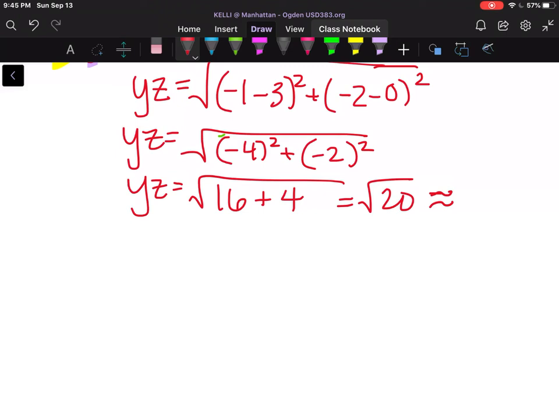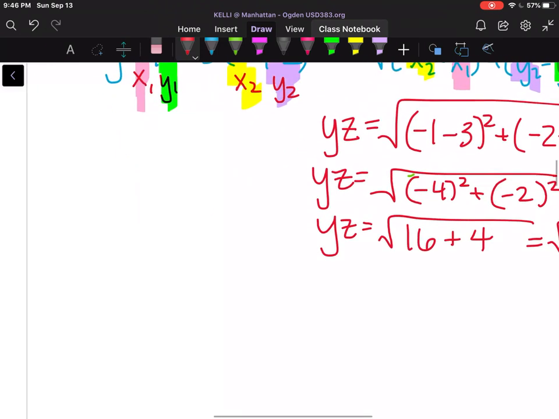I get 4.47 basically. So about 4.5. And so we end up with yz equaling 4.47.